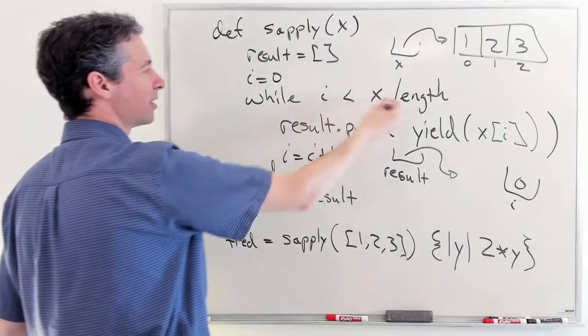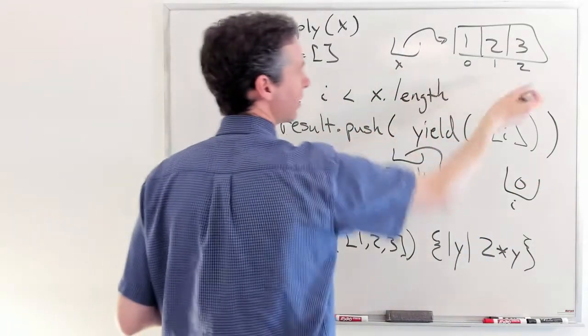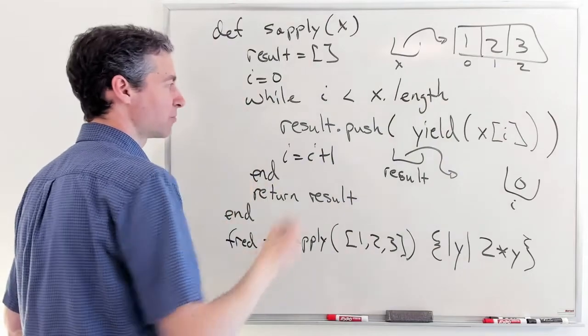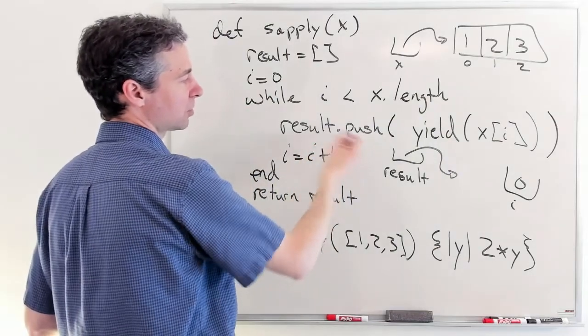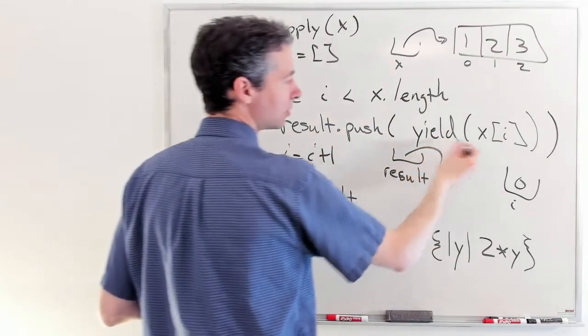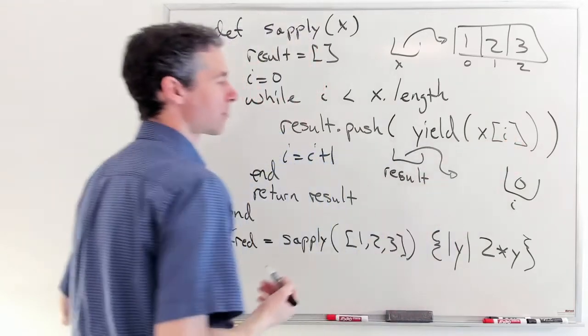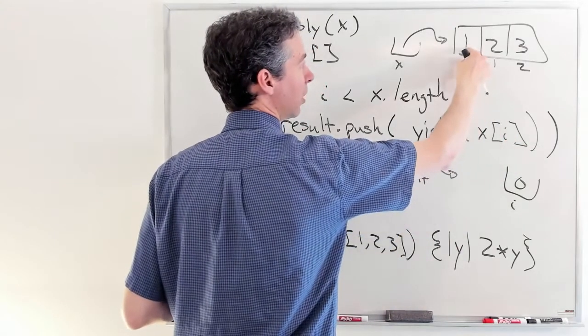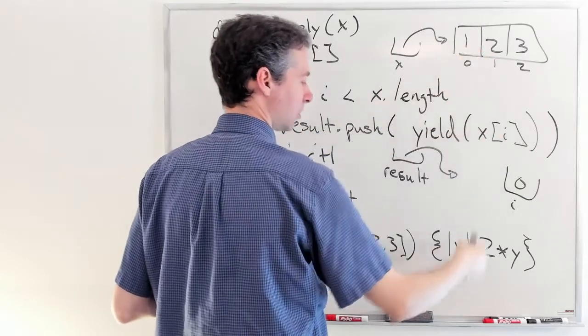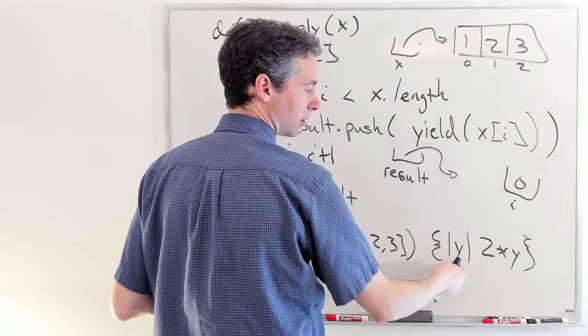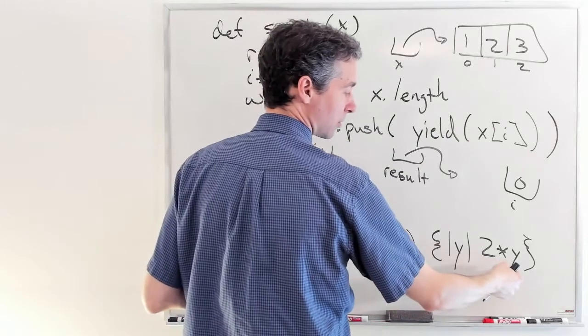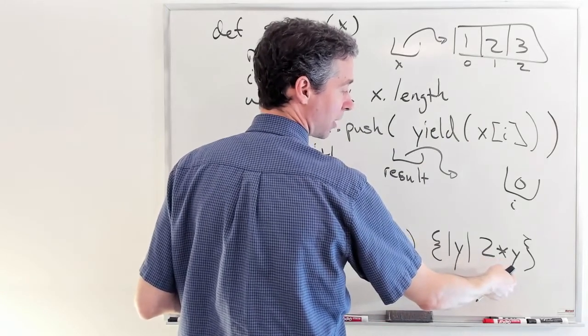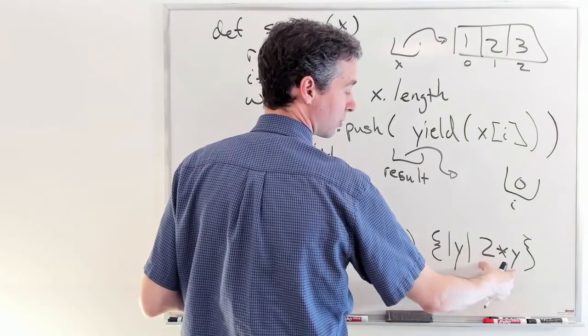Come into here, it's less than x dot length. The length of this is 3. So now we're going to push into result, yield x of 0. Well, all right, x of 0 is 1. So 1 goes into y. 2 times 1, because y is 1, that's 2.